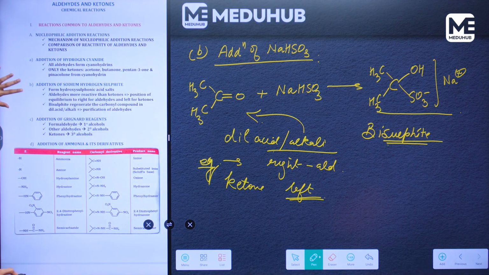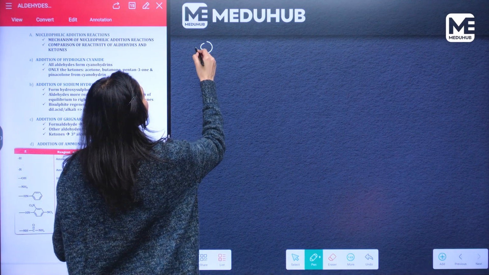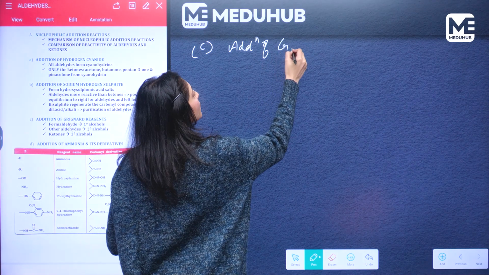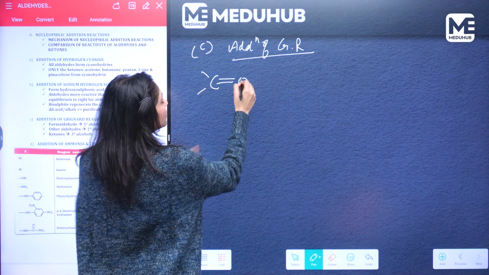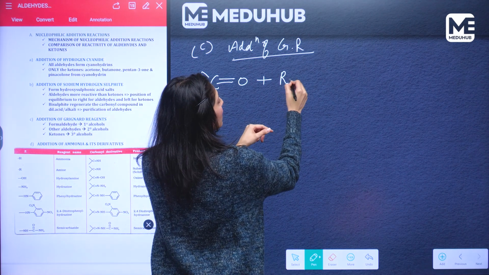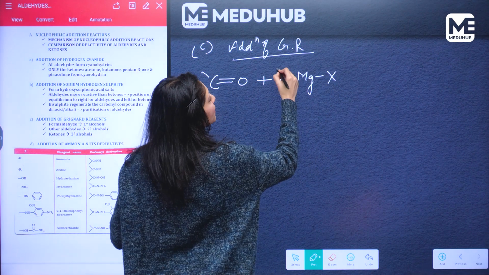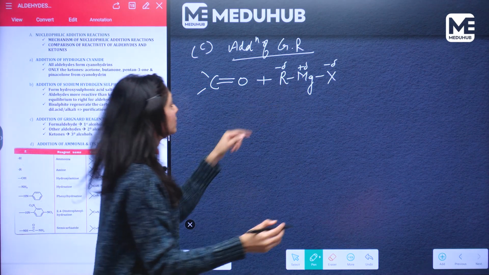Next reaction is addition of Grignard reagents. So we have a carbonyl group here. This reacts with RMgX. Here a negative charge here, partial negative charge here, partial positive here.